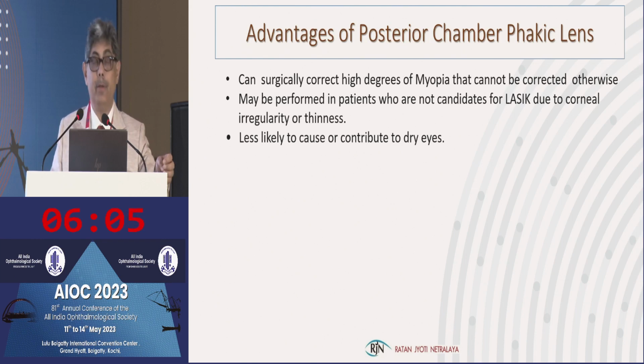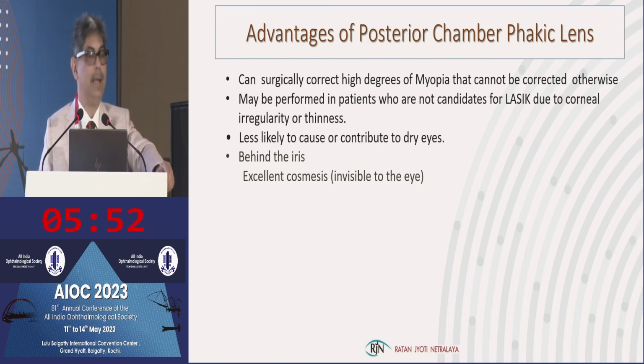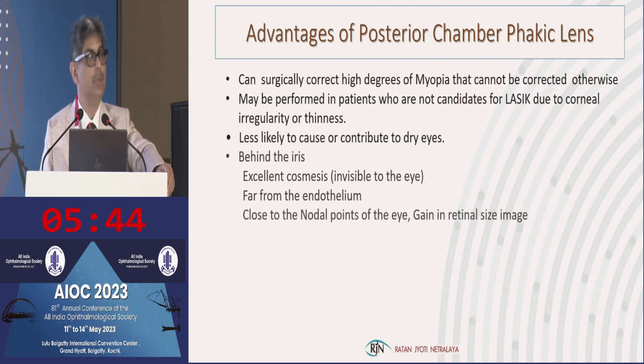It is less likely to contribute to dry eyes, because there is no damage to the corneal nerves. It remains behind the iris, so there is excellent cosmesis, and it is invisible to anybody from outside, and it is far from the endothelium, close to the nodal point of the eye, so there is a gain in retinal image size.